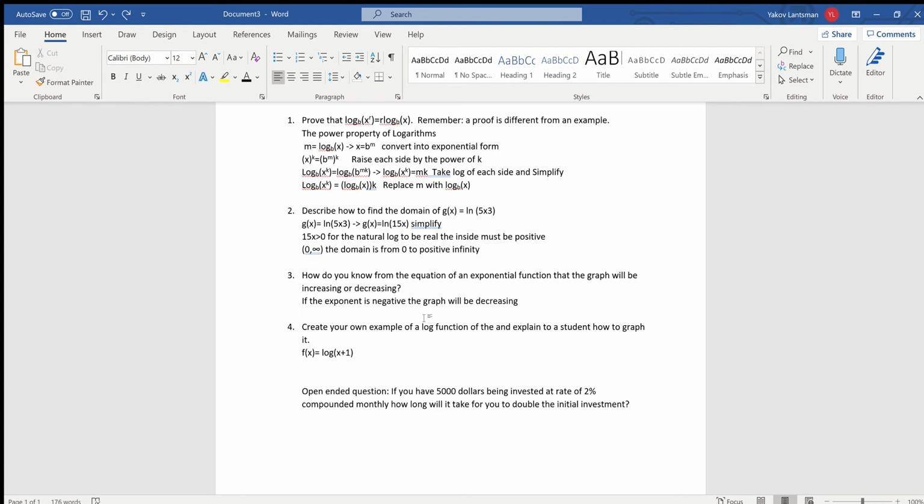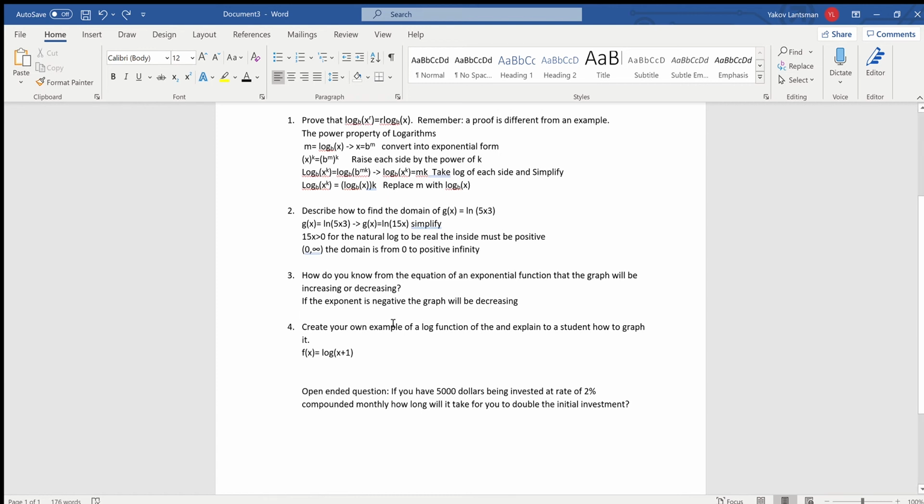Basically, if you have a negative power, the left side of your graph is higher than the right side, showing a decrease. And vice versa if your exponent is positive.